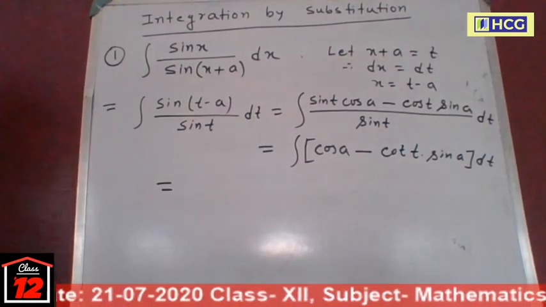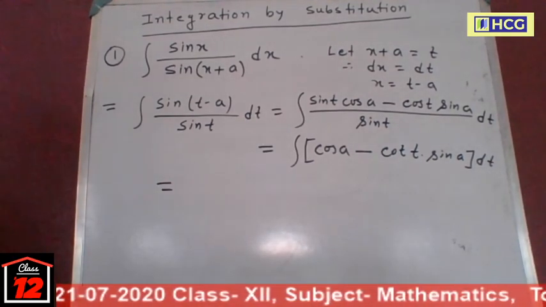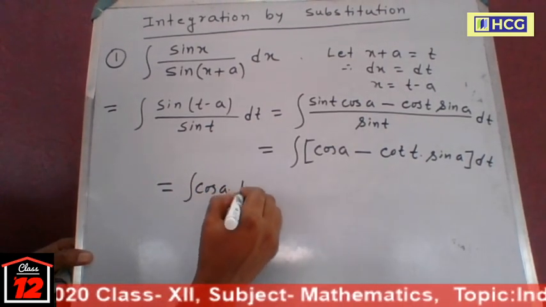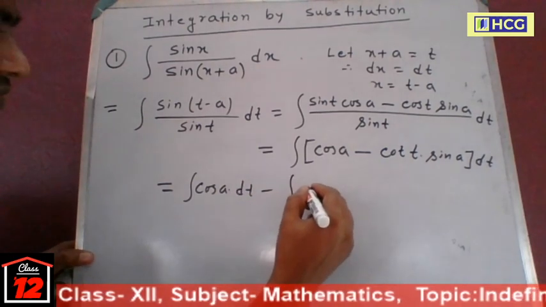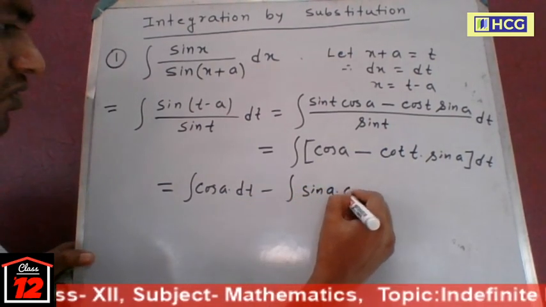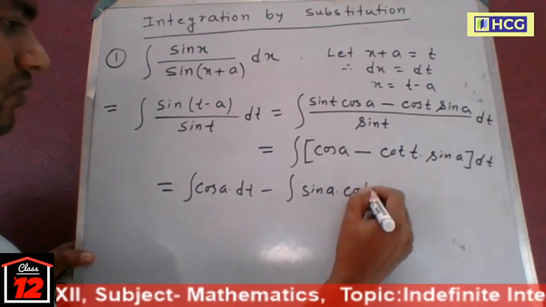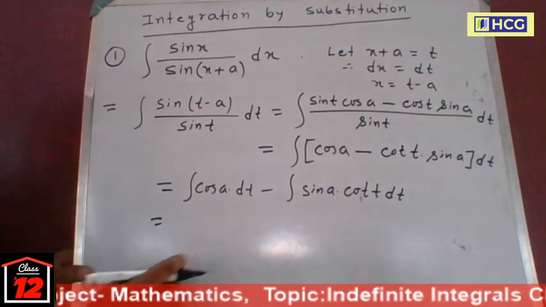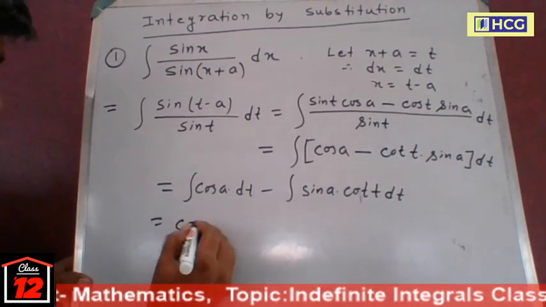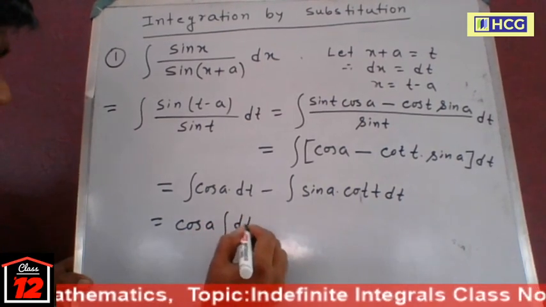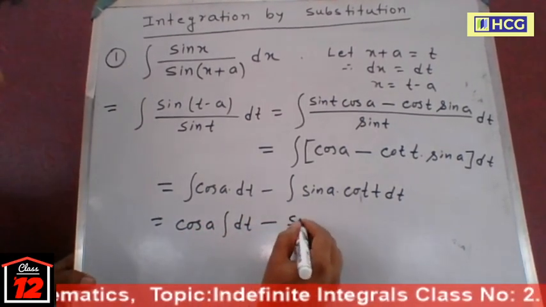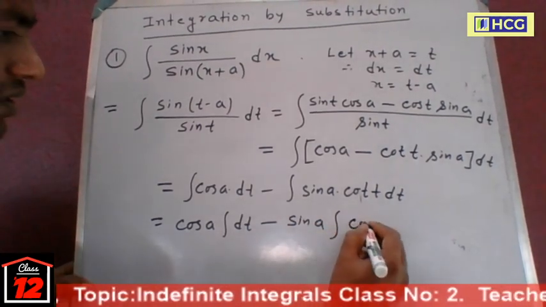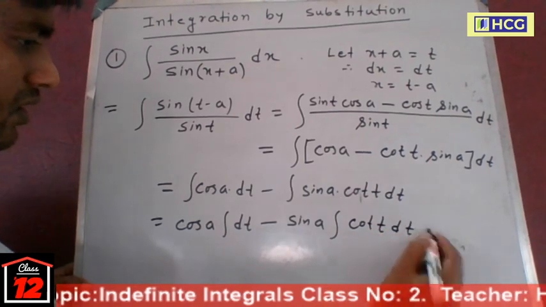Now integration of f x minus g x dx is equal to integration f x dx minus integration g x dx. So now this is integration cos a into dt minus integration sin a into cot t dt. Now cos a is a constant. So cos a integration dt minus sin a is a constant, integration cot t dt.